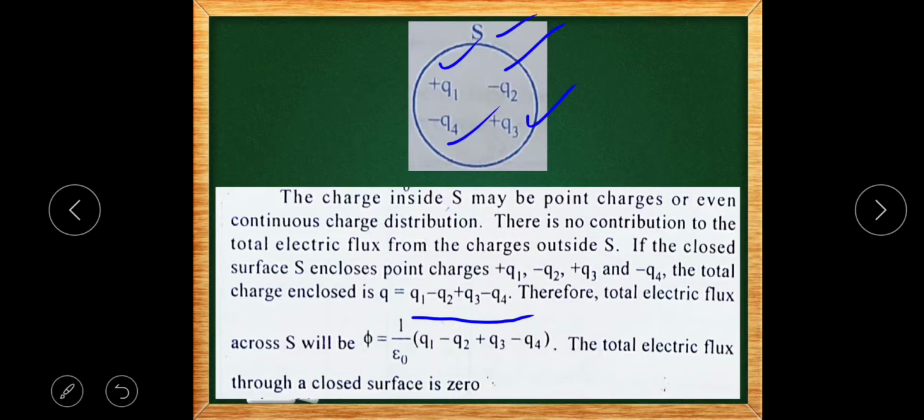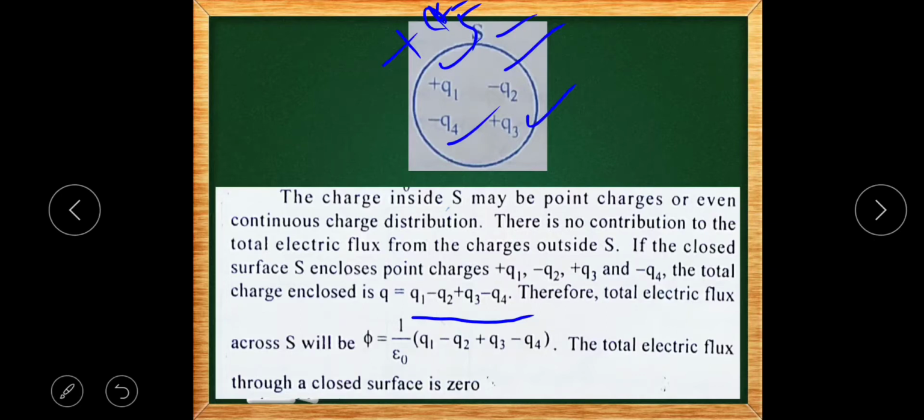Here the charge inside may be point charges or even a continuous charge distribution. There is no contribution to the total electric flux from the charges outside the surface S. Suppose a charge plus q5 is placed outside the surface, then it does not give any contribution to the electric flux.